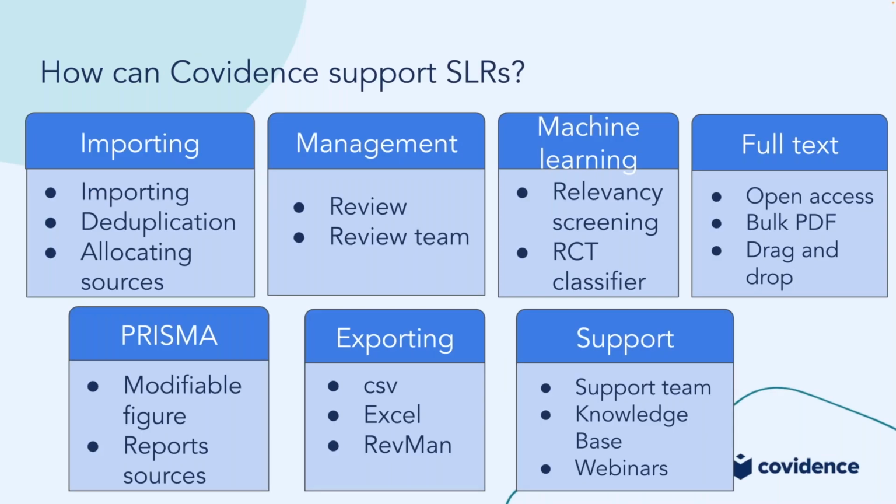So Covidence can support systematic literature reviews in a few important ways. We enable you to import references from databases and reference managers and allocate the sources of those imports for the PRISMA flow diagram. And unless you're on a trial plan with Covidence, there are no limits at all to the number of studies that you can import. Covidence also deduplicates the references automatically on import.